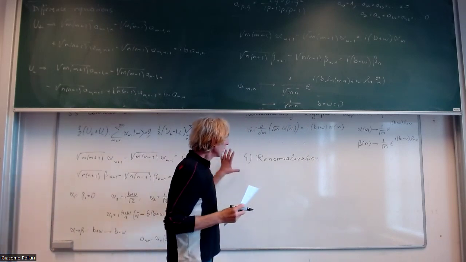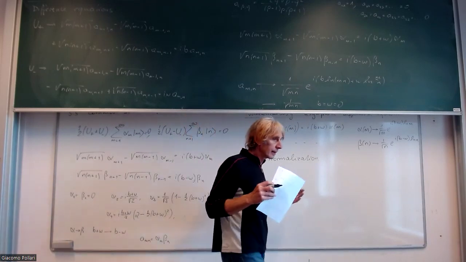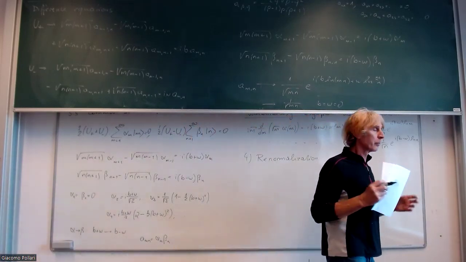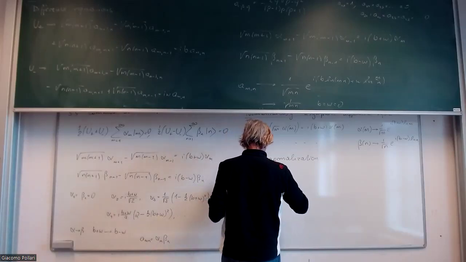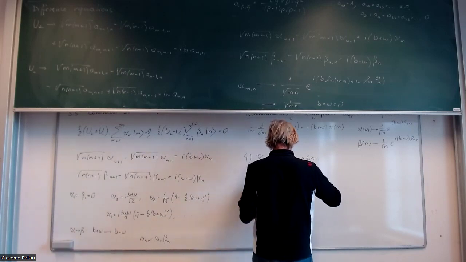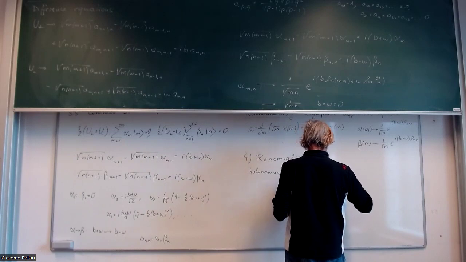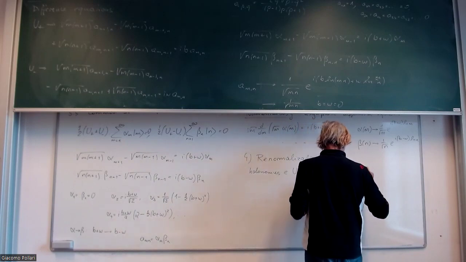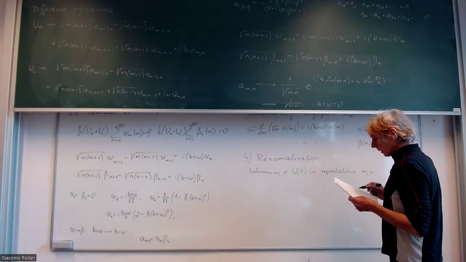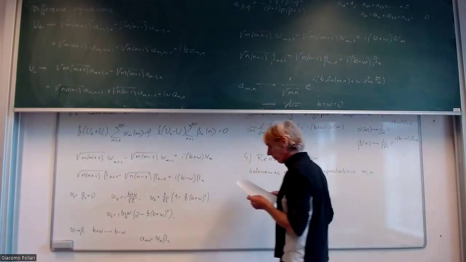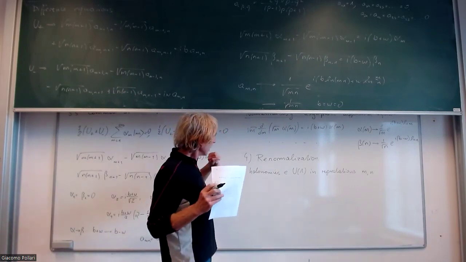So, our holonomies are effectively U1 operators or U1 elements in different representations, labelled by M and also K. This appears here in this symmetry reduced model.